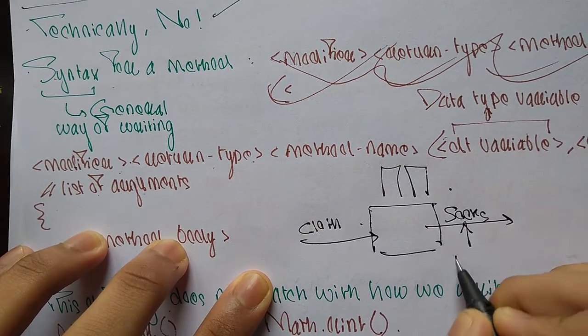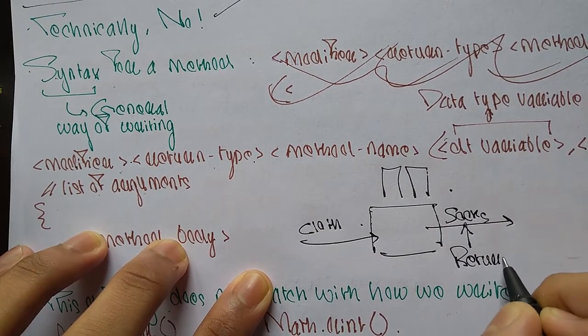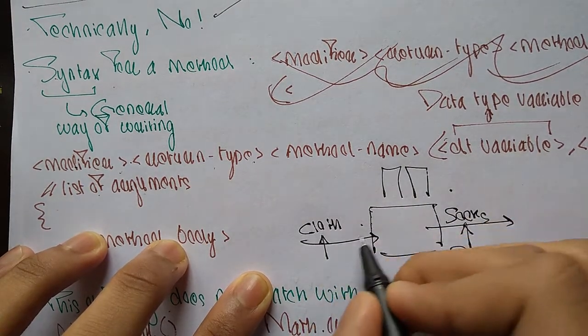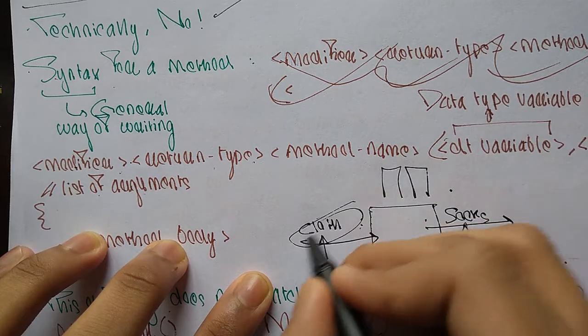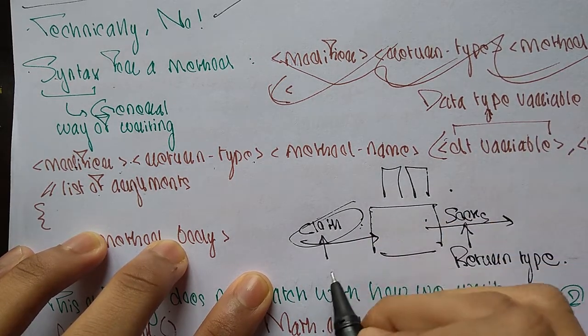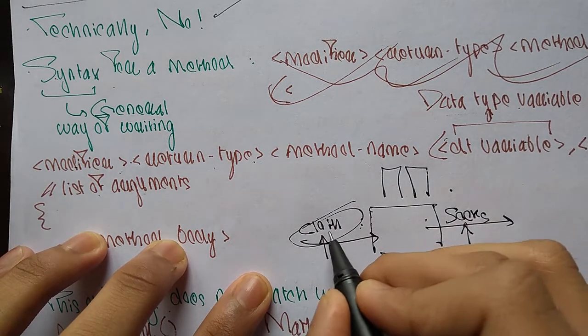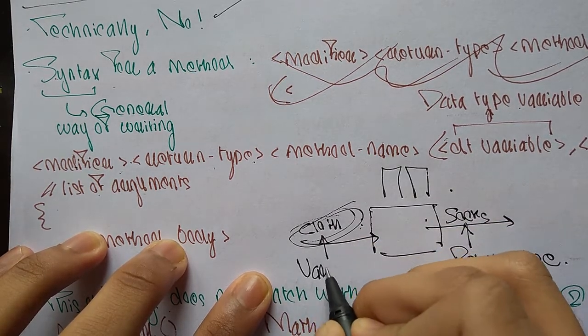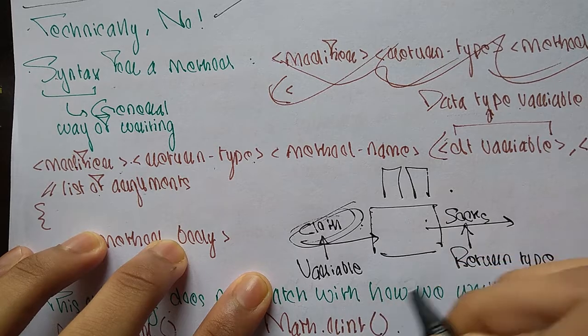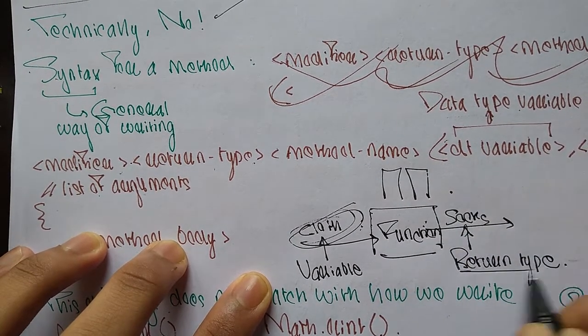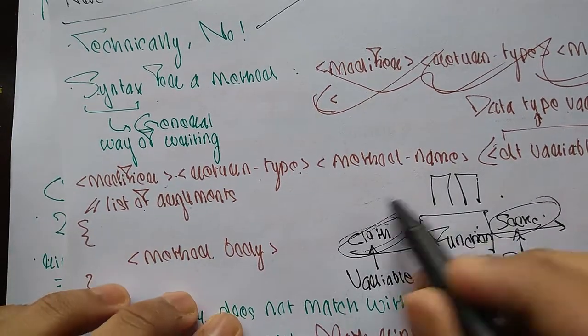So socks is the return type, and cloth is what you fed to the machine, and we call that cloth a variable. Data type is defining what that variable is, so we call that cloth a variable which you are passing to a function, right? So that function returns socks.